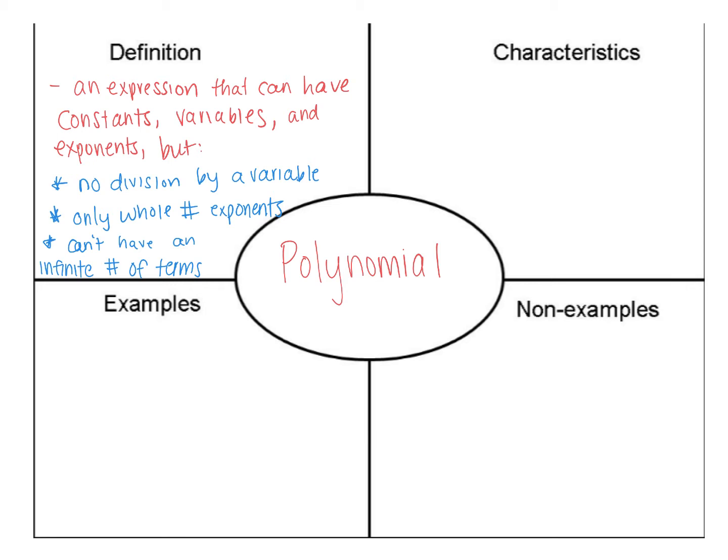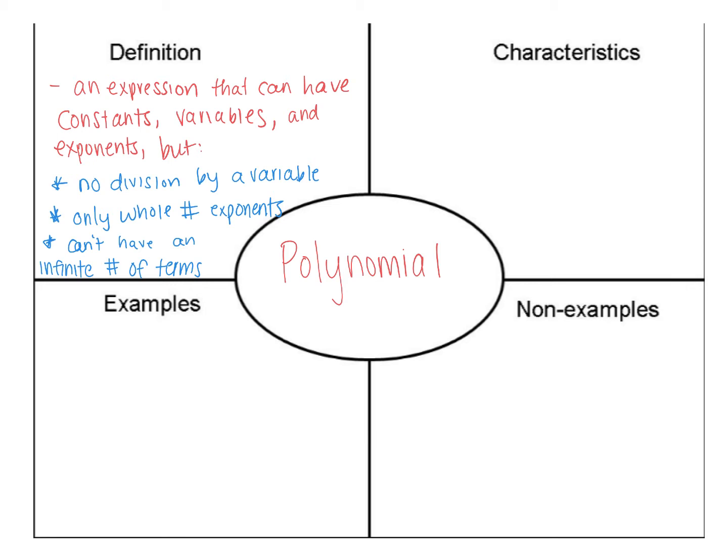So now what we're going to talk about is the characteristics, okay? And labeling a characteristic is like labeling maybe a personality trait. So I would just characterize myself as brown hair, medium height, brown eyes, a teacher, okay?